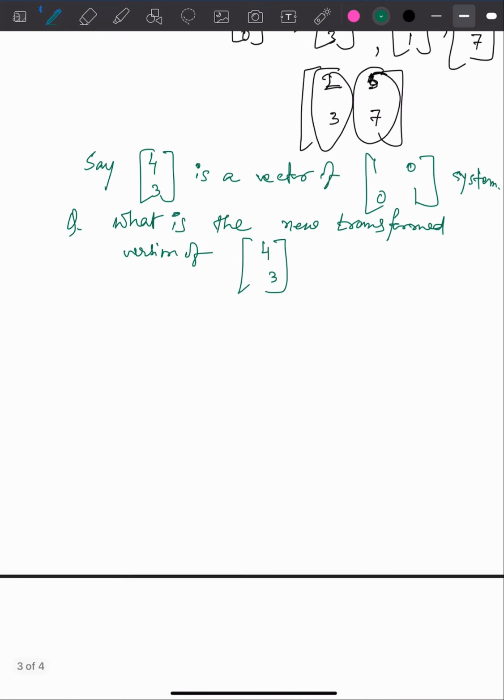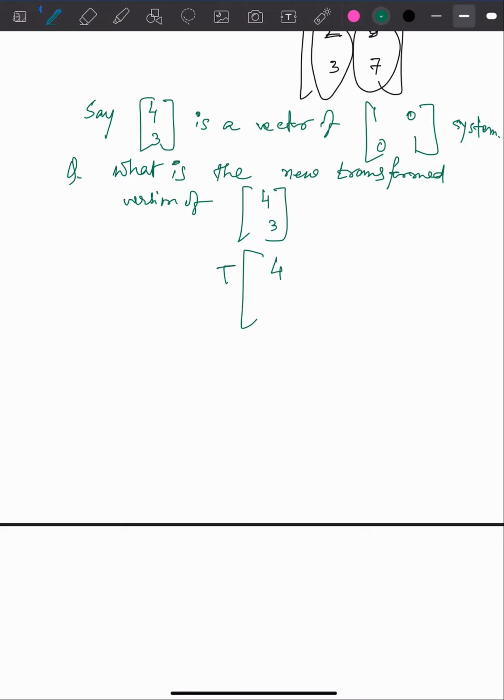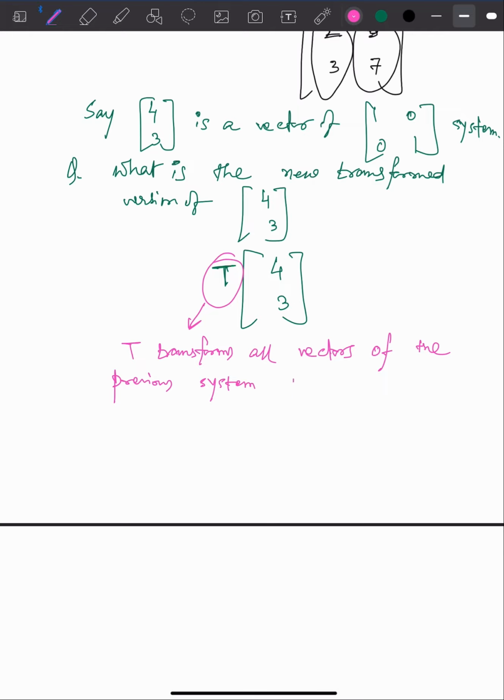The new transformed version of 4 3 we have to find in the same way. We have to multiply T with 4 3, because T transforms all vectors of the previous system to the new system, with basis vectors 2 3 and 5 7.